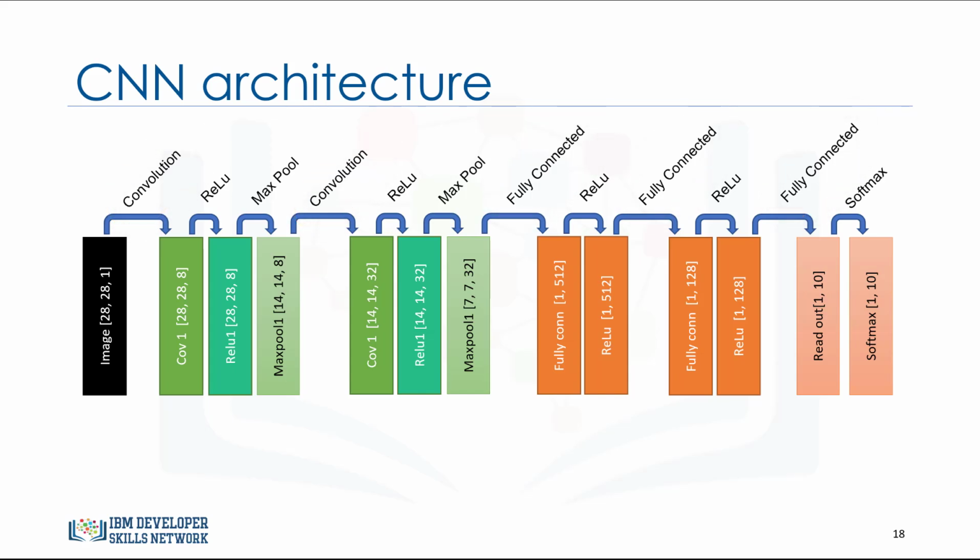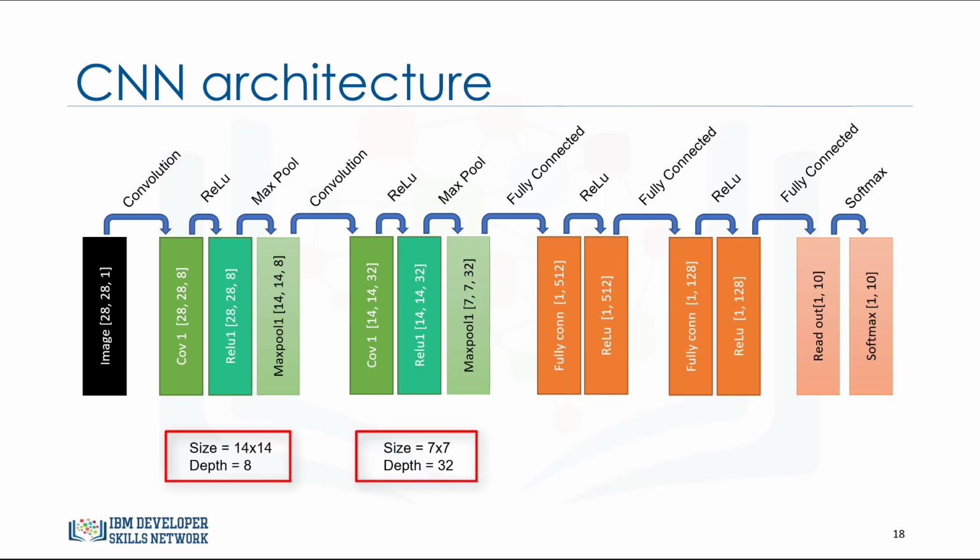Also, note the effect of each single conv, ReLU, and maxpool operation pass through the image. It reduces the height and width of the individual image, and then it increases the depth of the images. For example, the output of the first convolutional layer is an image of depth 8, and the output of the second layer is an image of depth 32.